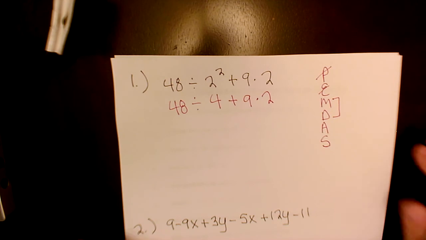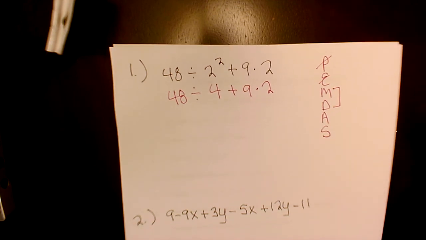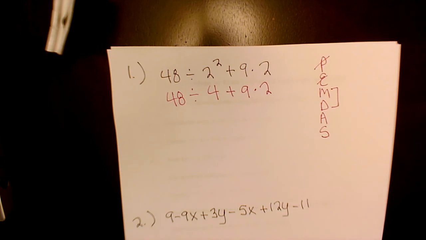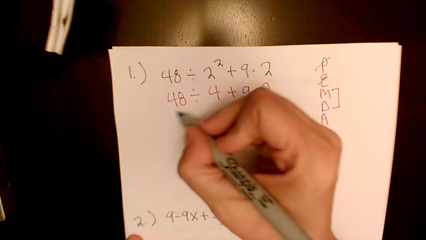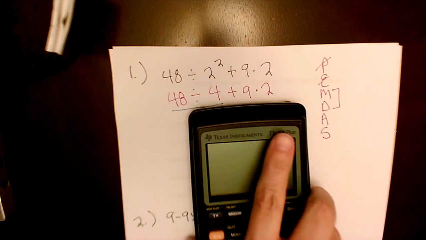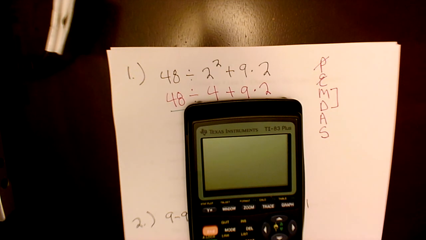Okay. And then remember M and D, we multiply, divide, we go left to right, so whoever comes first. So if I'm going left to right, this is coming first. So I'm going to do that. 48 divided by 4. Let's see.